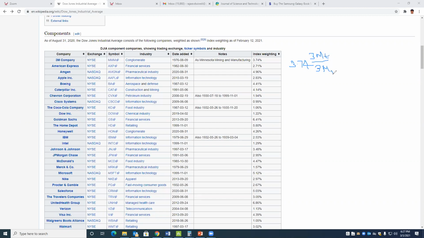Then 2.71 for Amex, the Amex value on T day divided by the Amex value on the first day it was incorporated. Similarly, keep doing this for all, multiplied by 100 again, and this is going to give you today's Dow Jones or Nasdaq or anything.